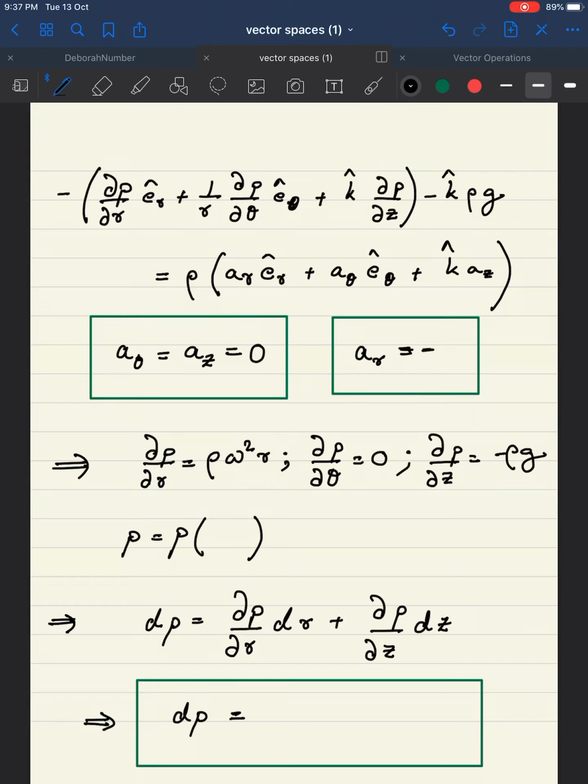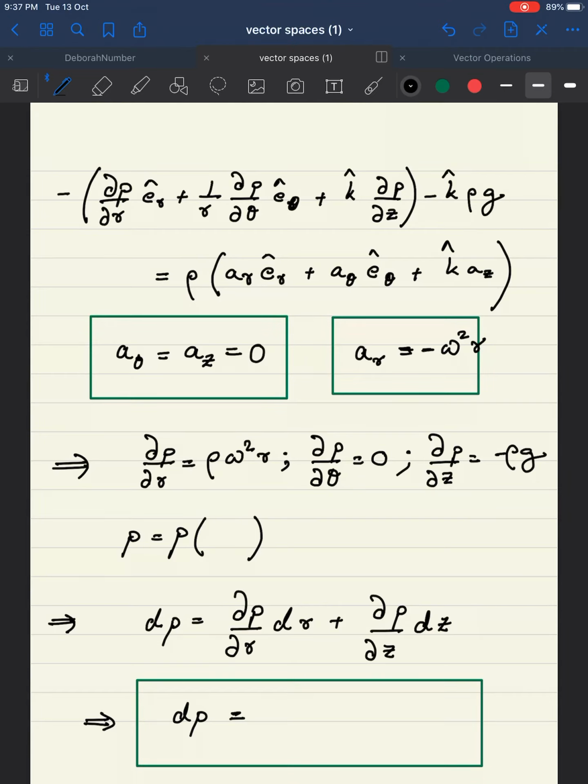AR is actually equal to, if you remember your dynamics classes, minus omega square r. So there is sort of a fictitious force which is trying to pull the body in. So that accounts for this.